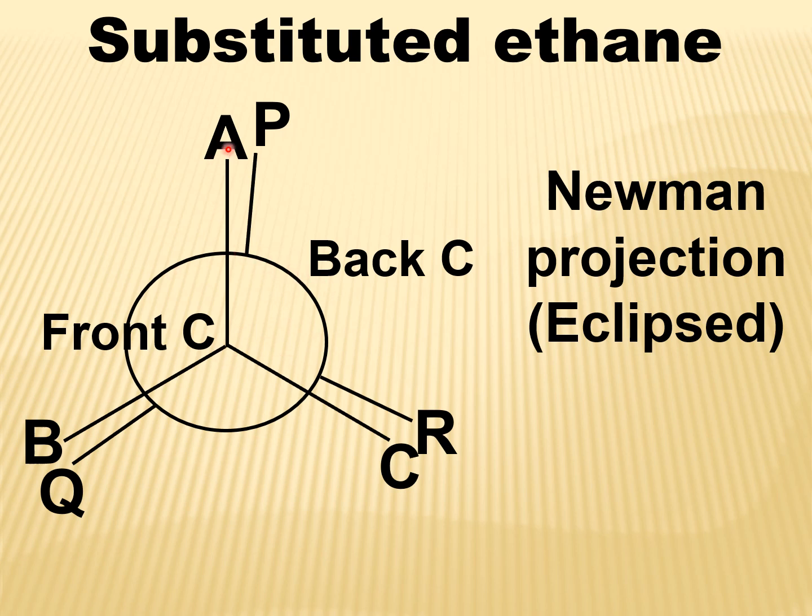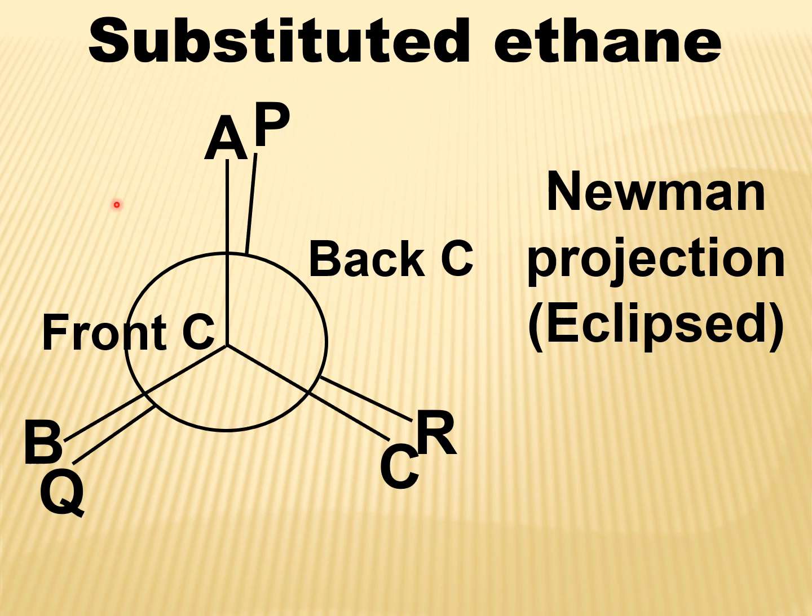You can see these two groups A and P are eclipsed. Actually P should be behind A, so just for a view, I have drawn it a little bit on the side. A and P are eclipsed, B and Q are eclipsed, C and R are eclipsed. So this is the Newman projection for eclipsed substituted ethane.